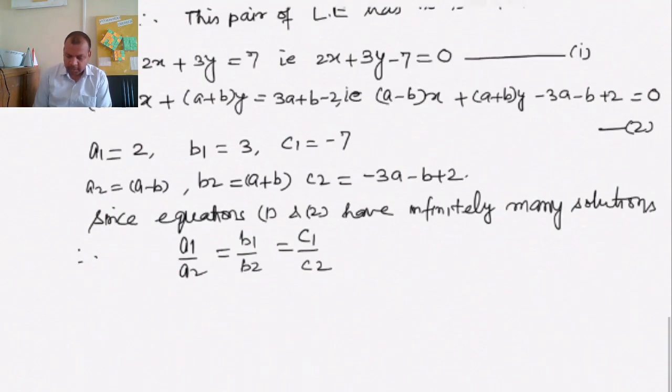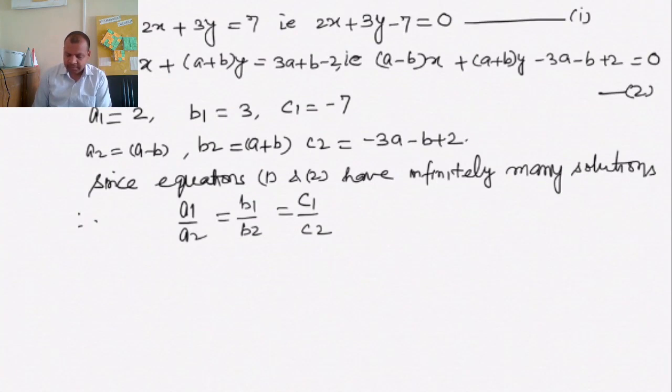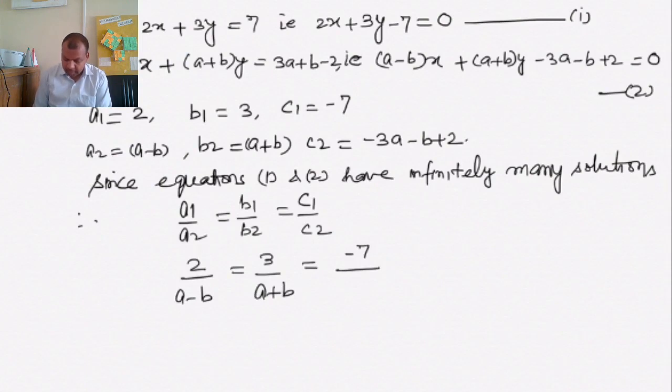And now substitute all the values of a1, b1, c1, a2, b2 and c2. We get 2 by a minus b is equal to 3 upon a plus b is equal to minus 7 upon minus 3a minus b plus 2.